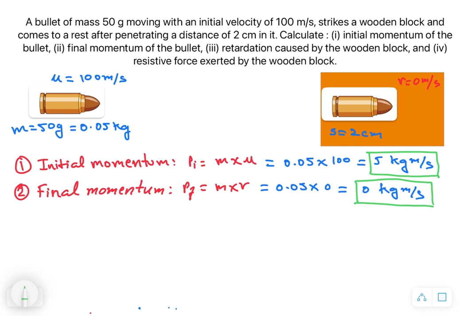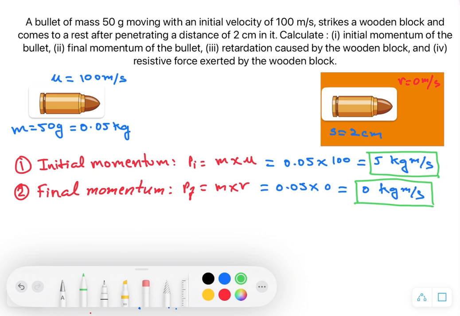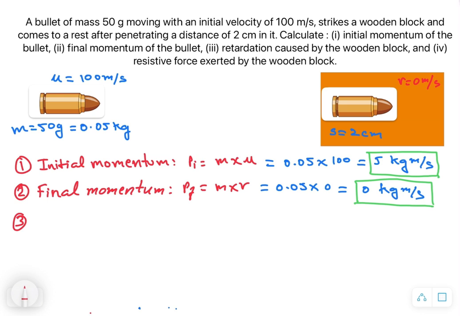Now let us calculate the retardation caused by the wooden block. The value of time has not been provided. We have been provided with the value of distance through which the bullet is penetrating into the wooden block. The distance is 2 centimeters.